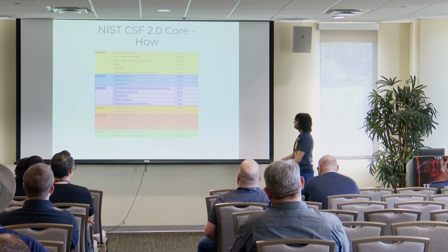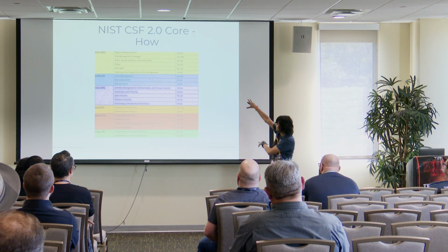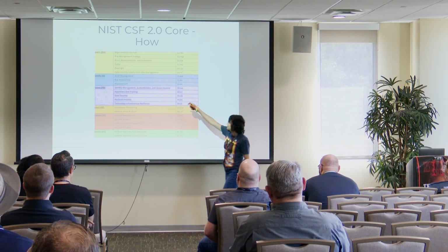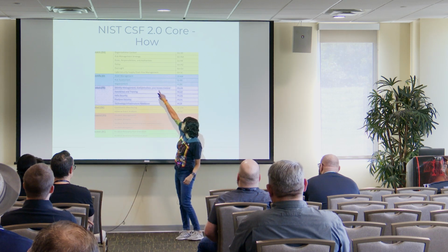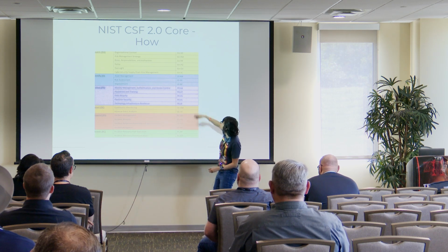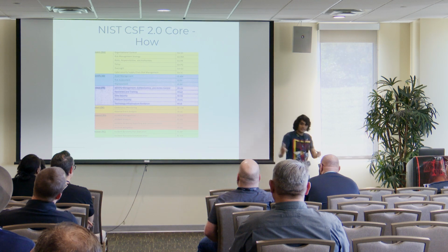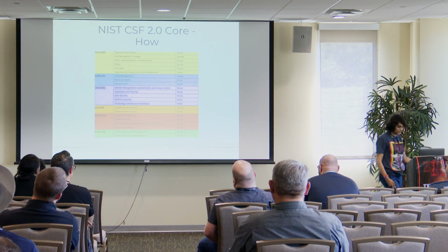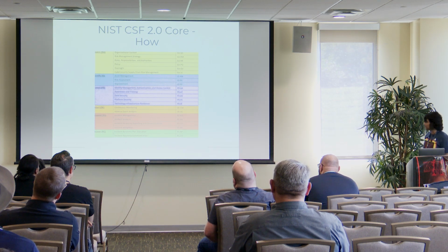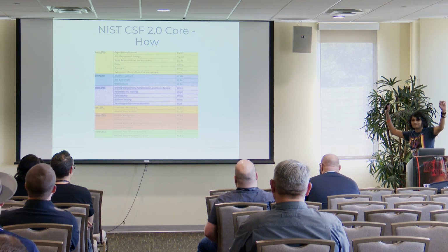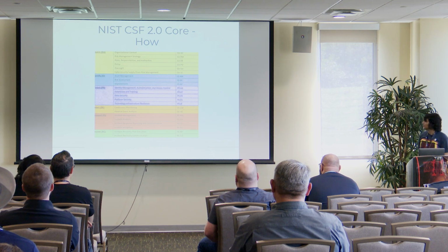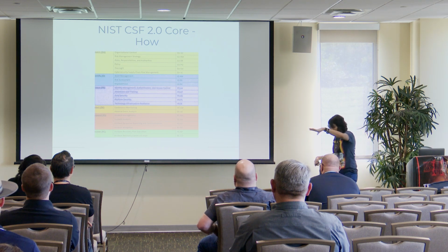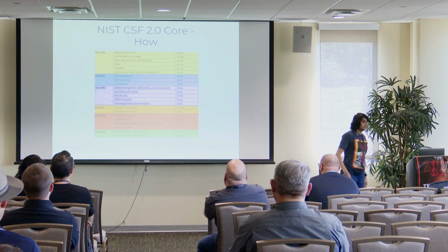Some of you may be familiar with this table already. So we have, for example, govern, that goes into organizational context and risk management strategy, and then it keeps getting further broken down. Are we good so far? All right. So that was the core looking from the top down of the cube.